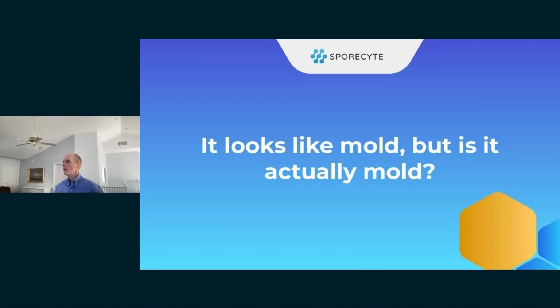But I could see that: okay, this looks like mold, let's just fix it. So for sure you would want to identify what's causing the problem, fix that, and then fix that area. I could see somebody saying, I just want to move on. Let's make sure we get this fixed. I think that's probably a legitimate way to do it.